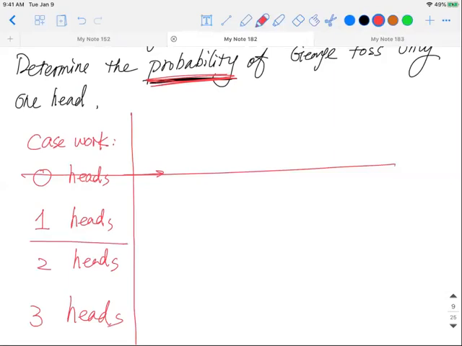If the first person tosses out 1 head, then according to the basic probability concept, these are independent events. We're going to review it in a later course.